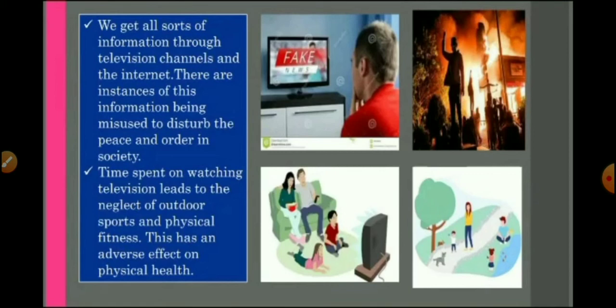Time spent on watching television leads to the neglect of outdoor sports and physical fitness. This has an adverse effect on physical health.